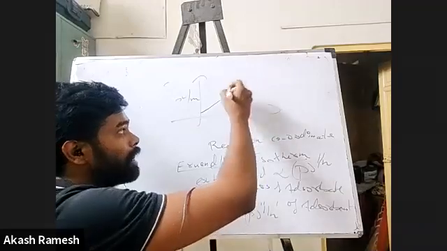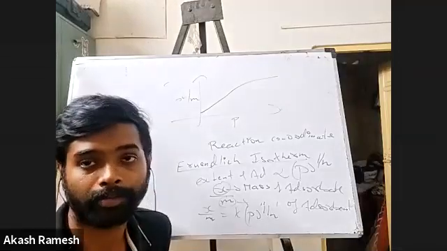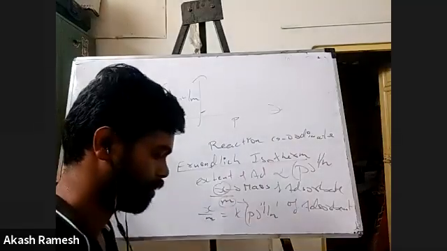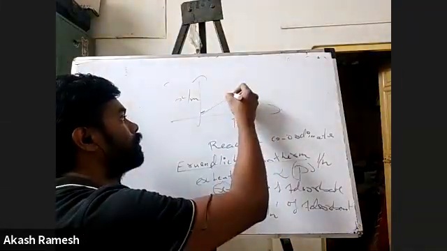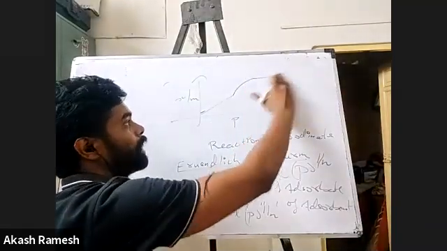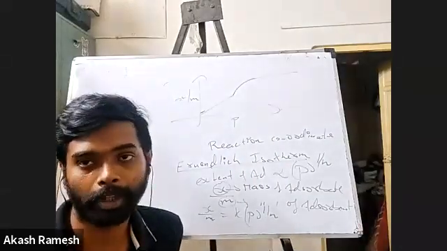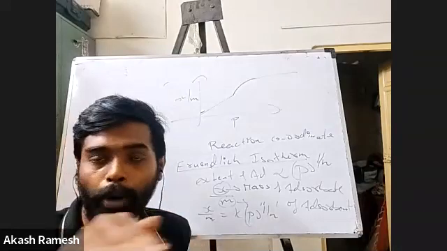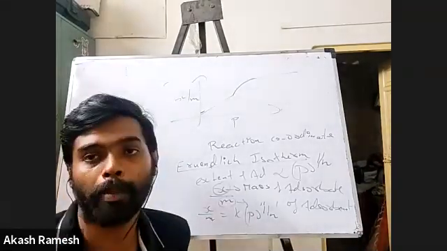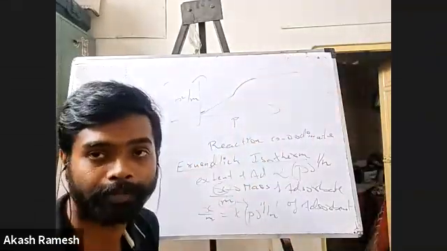Now at very high pressure, you will see an exponential increase, and then after a point of time, there's nothing going to happen. Saturation is going to happen, because obviously all the points would have been occupied. There is no more place for something to come and get adsorbed.